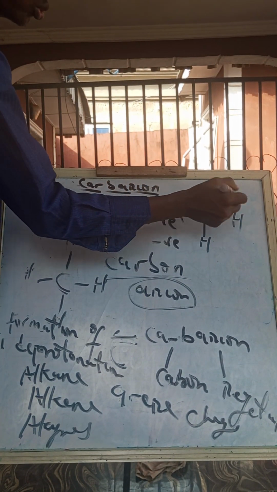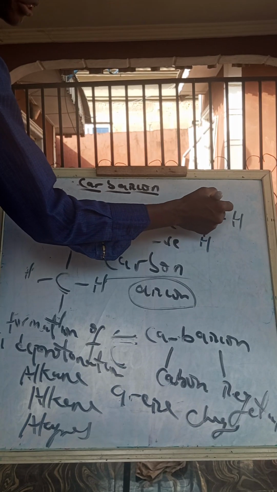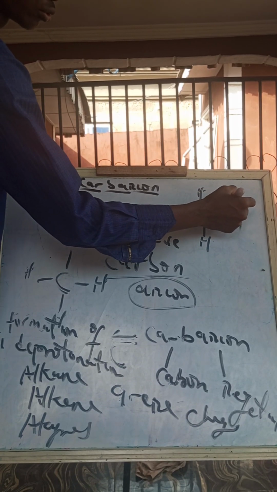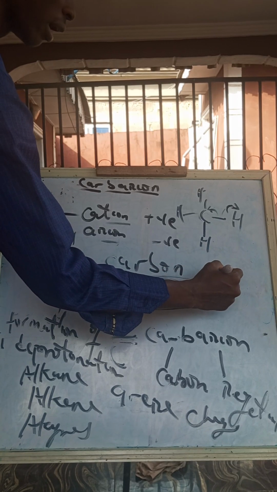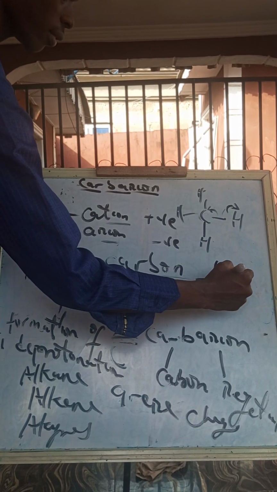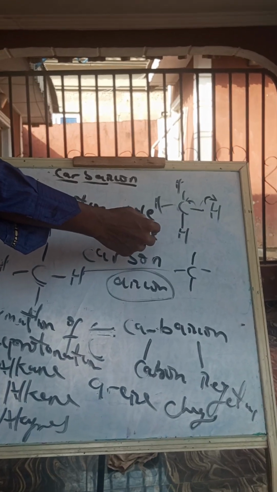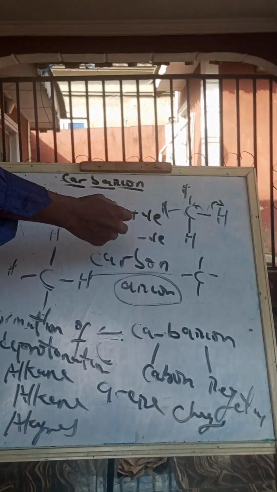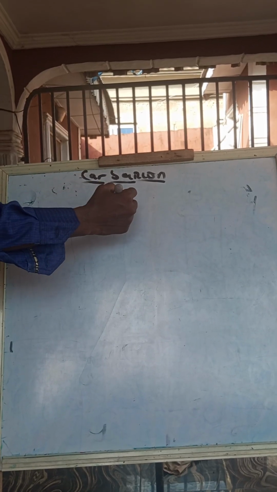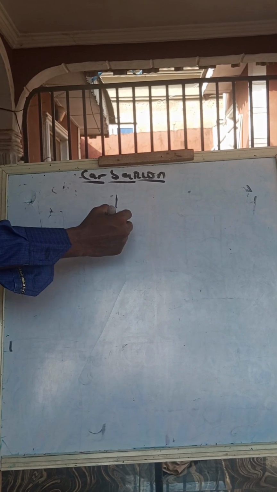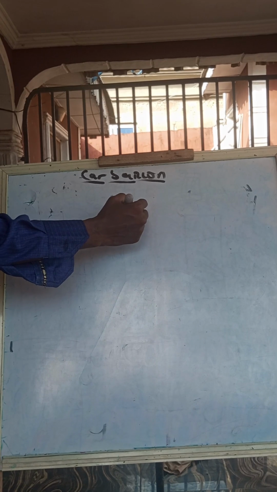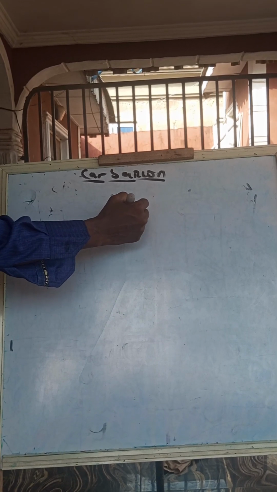Through bond cleavage, you can see we are left with this and this. You can see our carbon possessing a net negative charge. That is carbanion, carbon with a negative charge.